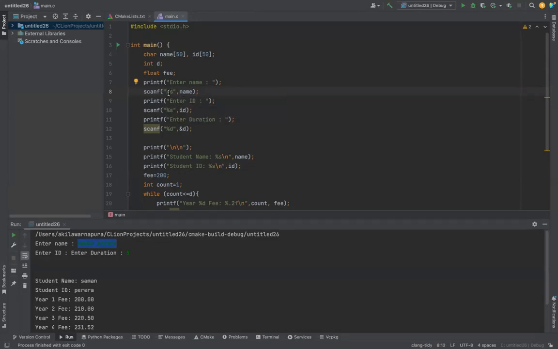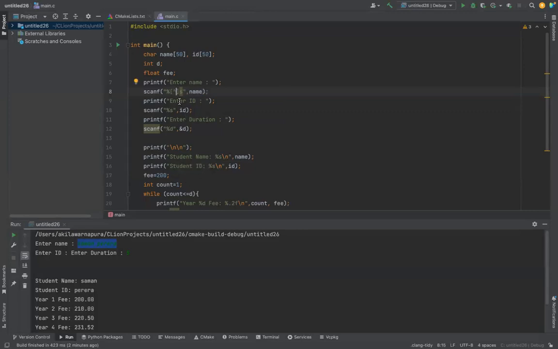In between percentage and s, you have to use open and closing square braces, not the curly braces.